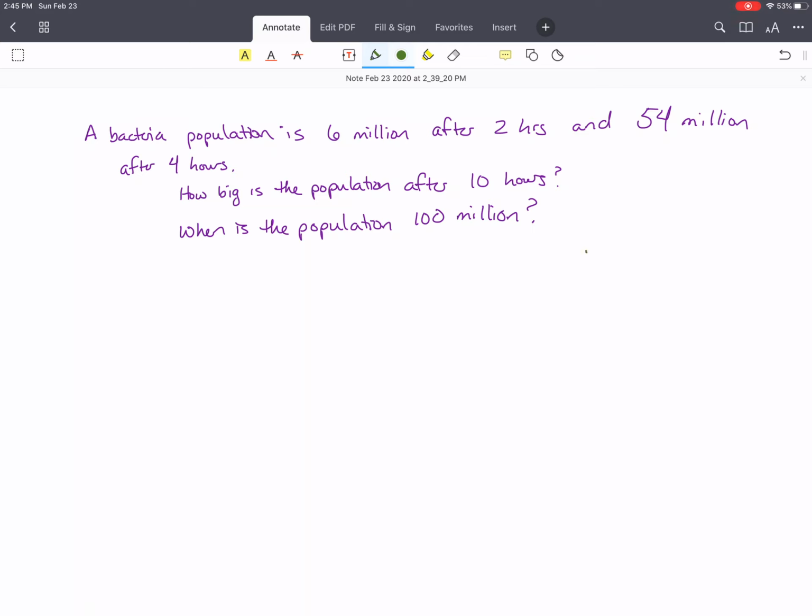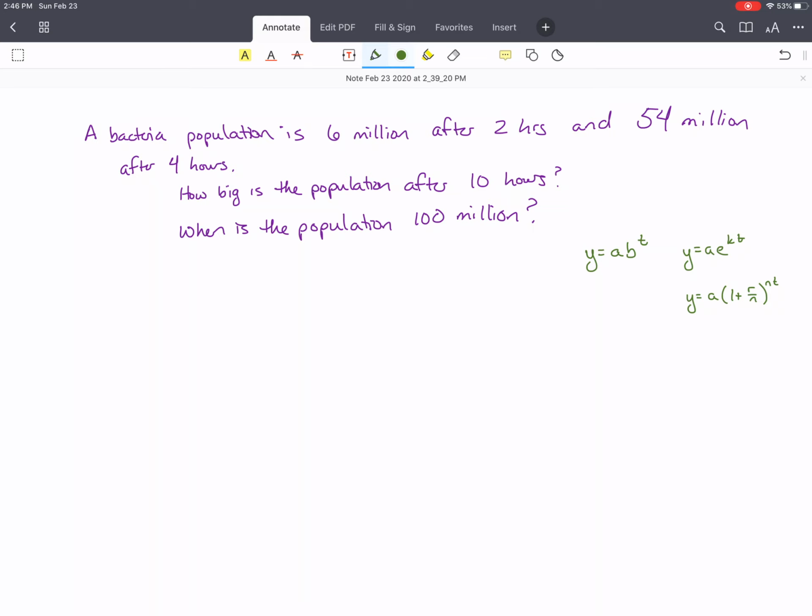So exponential models look like y equals a b to the t, or y equals a e to the kt, or if it's a compound interest situation, you might do a times 1 plus r over n to the nt, and that's when it's compounding n times per year.